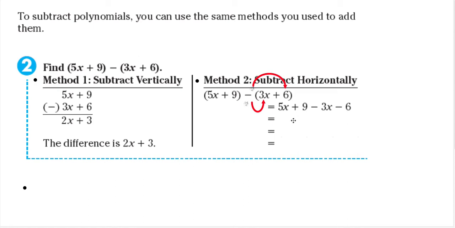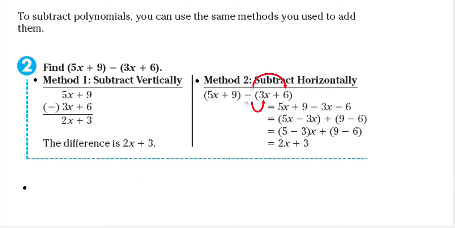Using the associative property of addition, we group 5x minus 3x plus 9 minus 6. And we end up with 5x minus 3x. Those are like terms, you can subtract them, and end up with 2x plus 3.